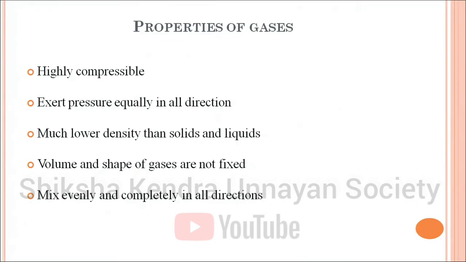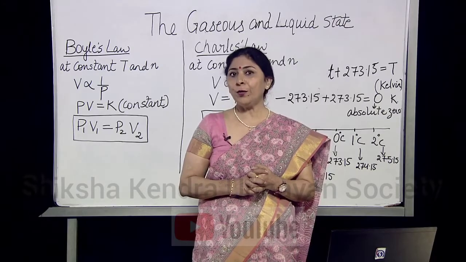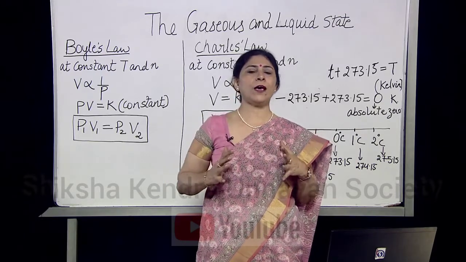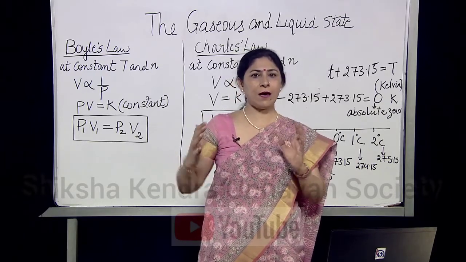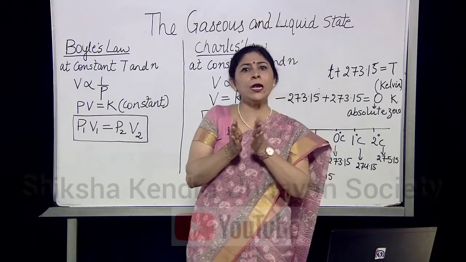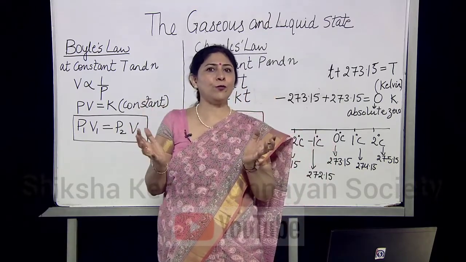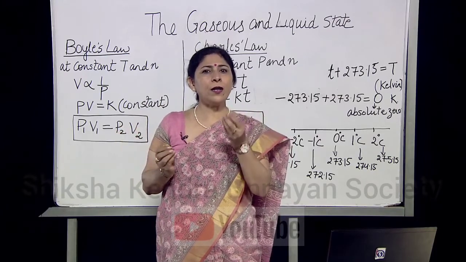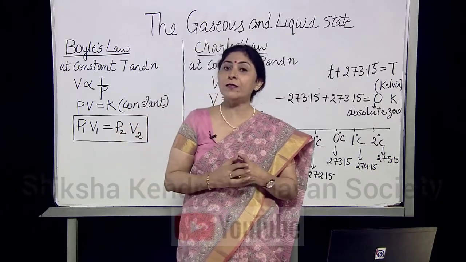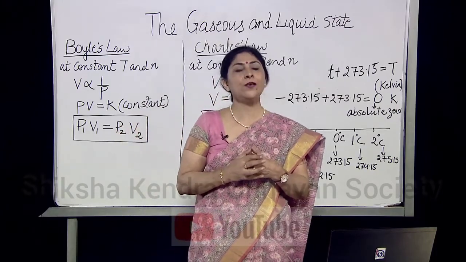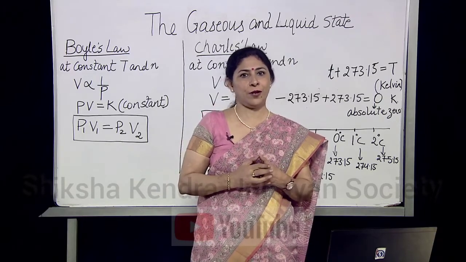What is density? Density is mass per unit volume. The volume of gas is higher, but the mass is very, very little, because in a large volume you will find hardly a few particles. So the density will also be very low.